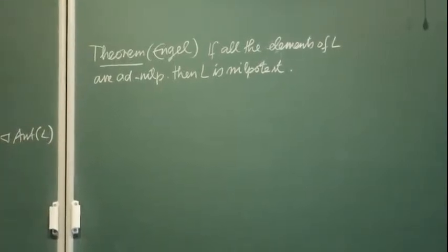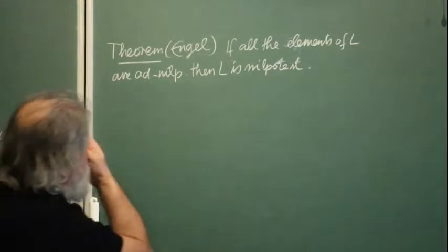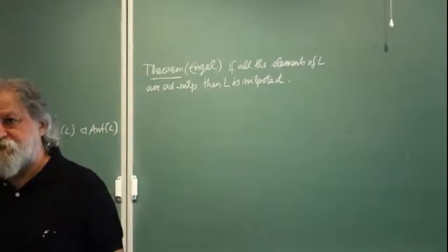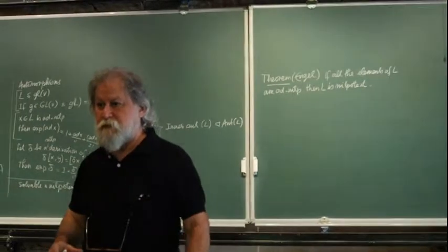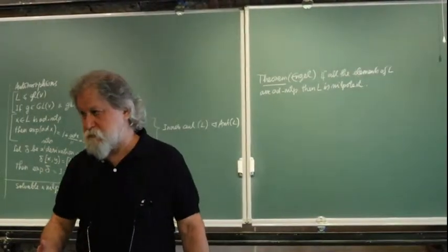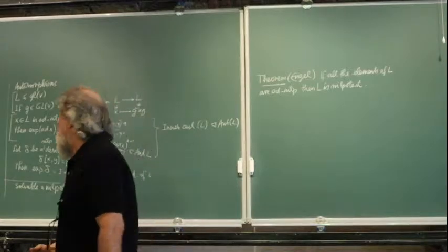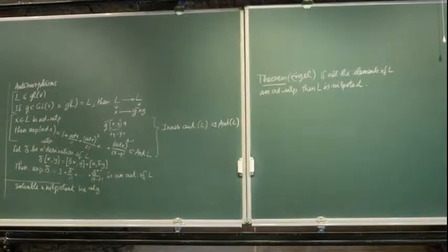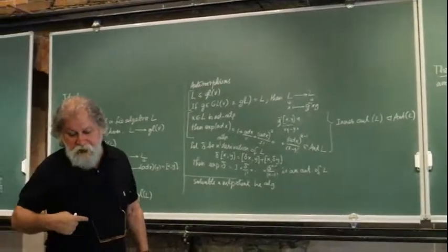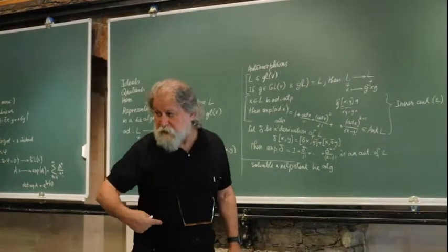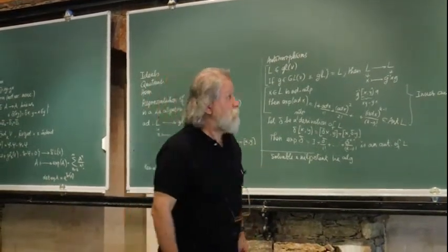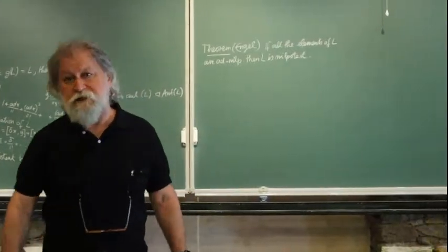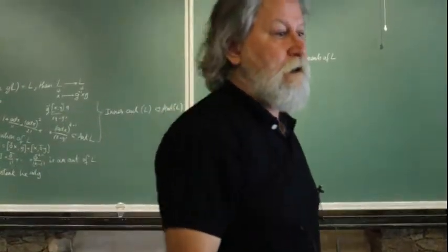You see, what does it mean that L is nilpotent? It means that if you bracket enough times, you get to 0, right? So if you bracket x1, x2, x3, and so on enough times, you get 0. In particular, if you do x with itself enough times, you get 0, so ad x is nilpotent. So this implies that every element is ad-nilpotent. And if every element is ad-nilpotent, then L is nilpotent.